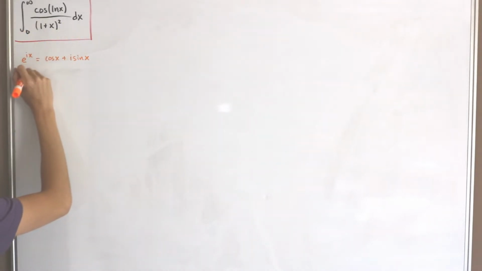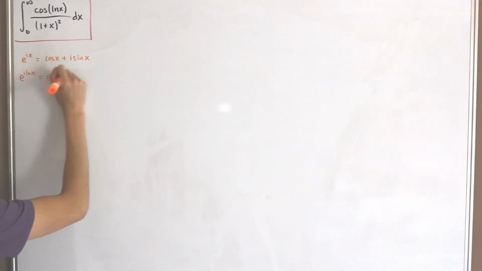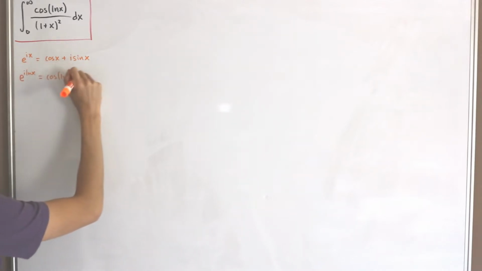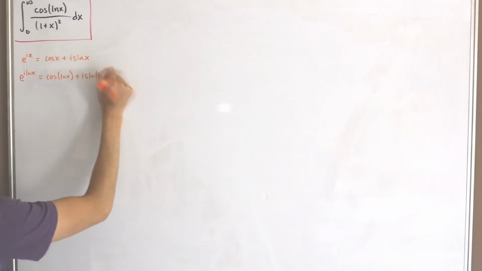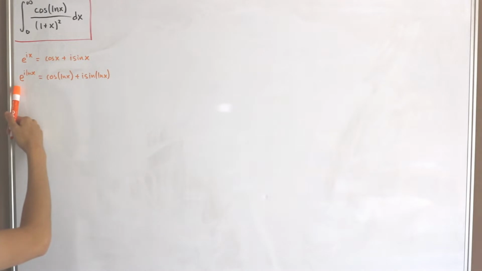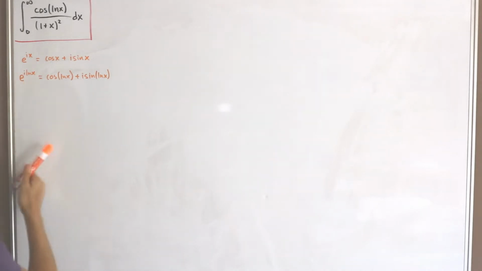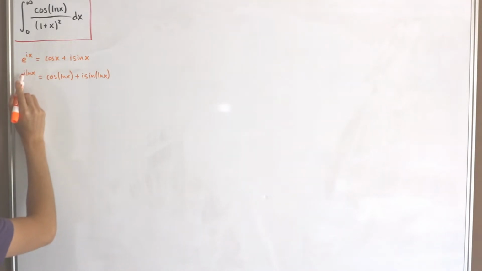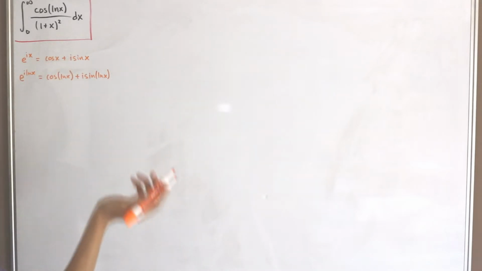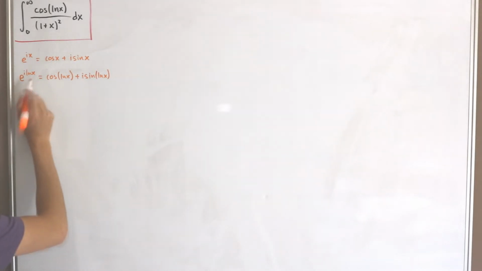And so we see that e to the power i times ln of x is equal to cosine of natural log of x, plus i sine of ln of x. But we can use our rules of natural logs. First I would have to move the i back to the x as the power, since that's how natural logs of functions are usually defined. So when we have e to the natural log, that cancels out.